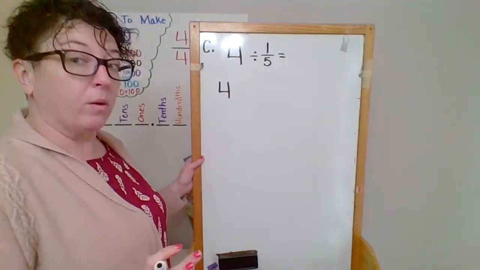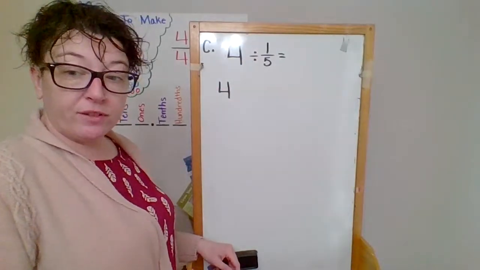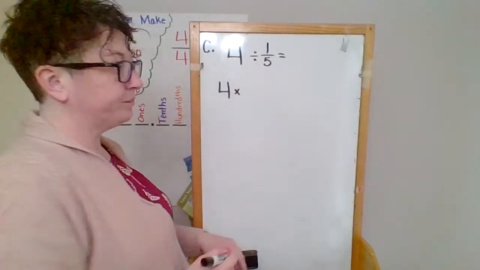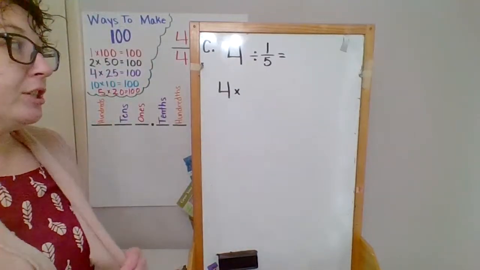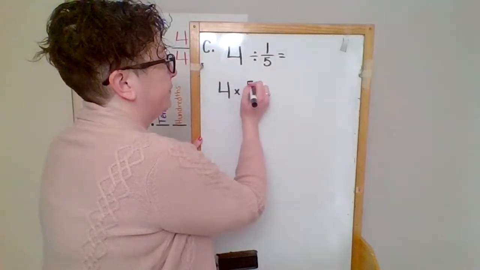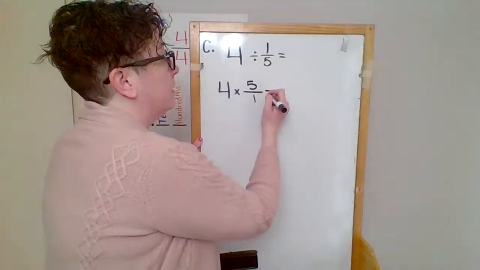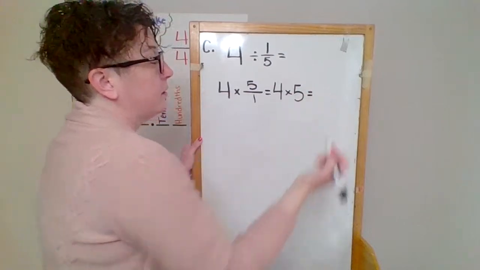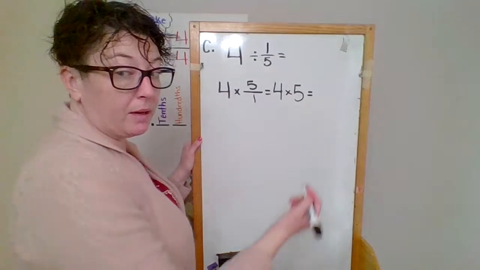I don't do anything with that whole number right now. I'm going to take my sign, which is division, and I'm going to switch it to multiplication. Then I take the second factor, which is the fraction, and I have to flip it over. So this becomes 5/1, which is really just 5 wholes. So 4 times 5 equals 20.